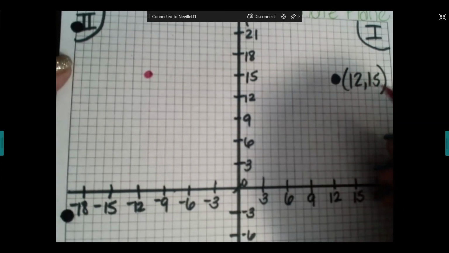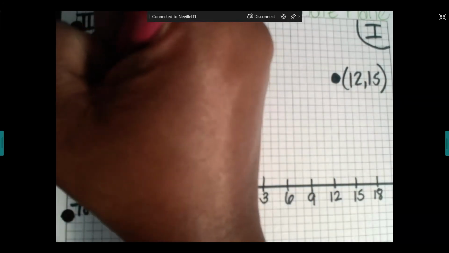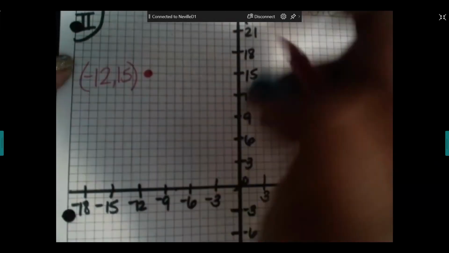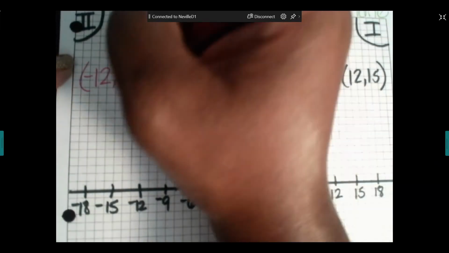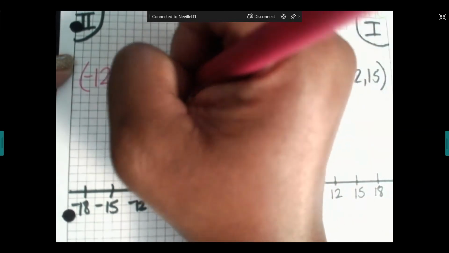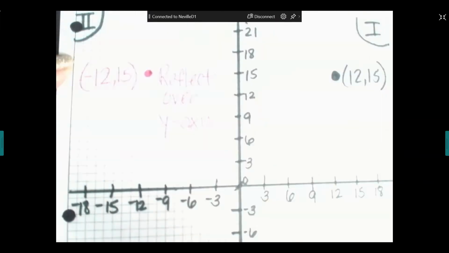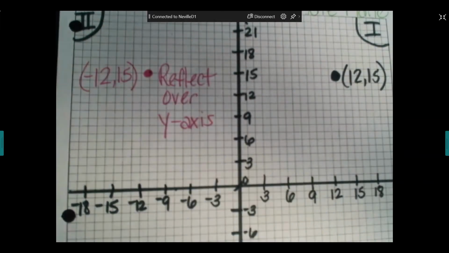Wouldn't you agree? So our new address here is negative 12, 15. That's our new address when we reflect over the y-axis.